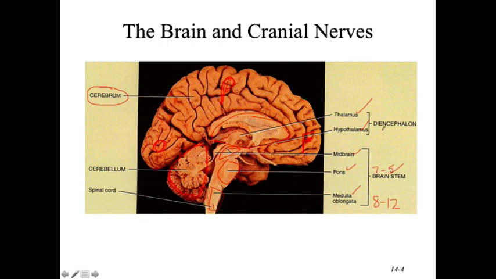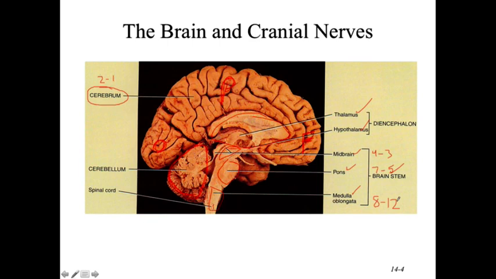And in the midbrain, we will find 4 and 3. And then coming off of the cerebrum will be 2 and 1. Right? So it's 1, 2, 3, 4, 5, 6, 7, 8, 9, 10, 11, 12. That's where the cranial nerves come from.